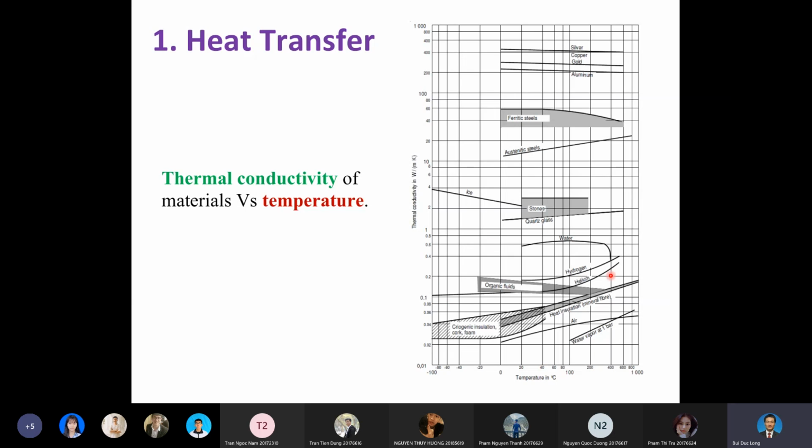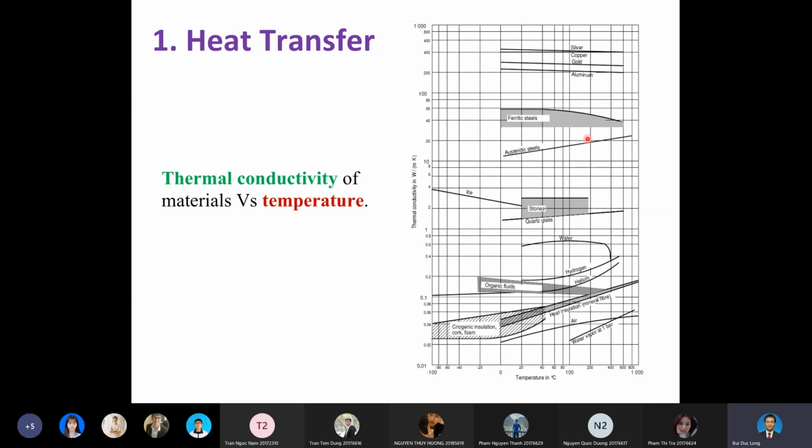But for solids, for example even water, when it becomes ice, the thermal conductivity also increases, to around 2 to 4 watt per meter Kelvin. For ice, when the temperature increases, it slowly becomes liquid, so the thermal conductivity will reduce.